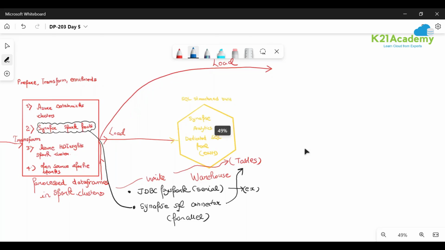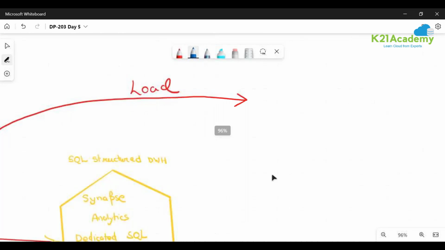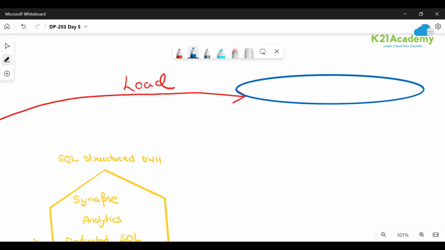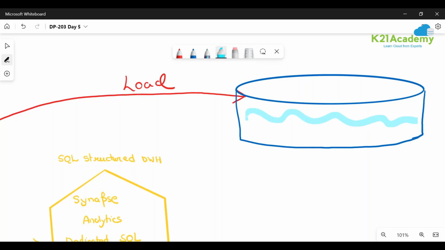You write it in a processed lake format, preference given to Delta, because it is processed data, so you may do some direct analytics on it. So it is better to maintain it in the processed lake, which is another ADLS Gen 2 account, for long-term storage, preference given to Delta format.